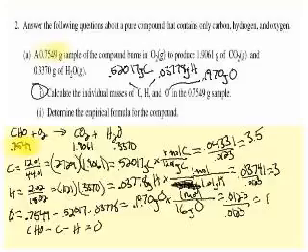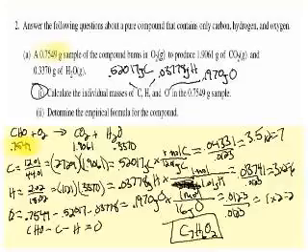So these are nice numbers, although this is a decimal point. So we're going to multiply everything by 2 to make it a whole number. So if I multiply this by 2, the decimal goes away. So I'm multiplying everything by 2. So that leaves me with 7, 6, 2. So it's C7H6O2. And that is your empirical formula.